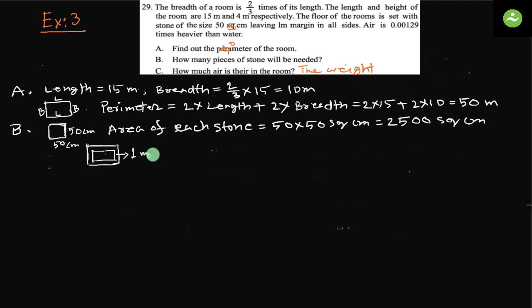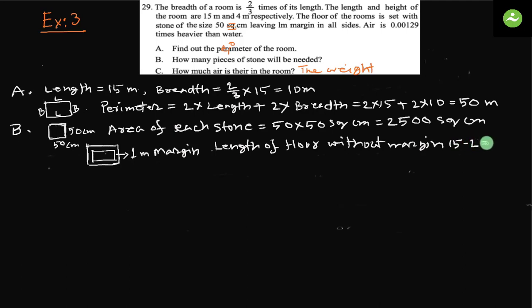The length of the floor without margin is 15 minus 2 meter, equals 13 meter.